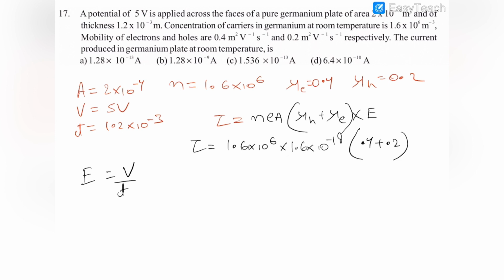So you can see that delta V is given as 5 and thickness is given as 1.2 into 10 raised to power minus 3.